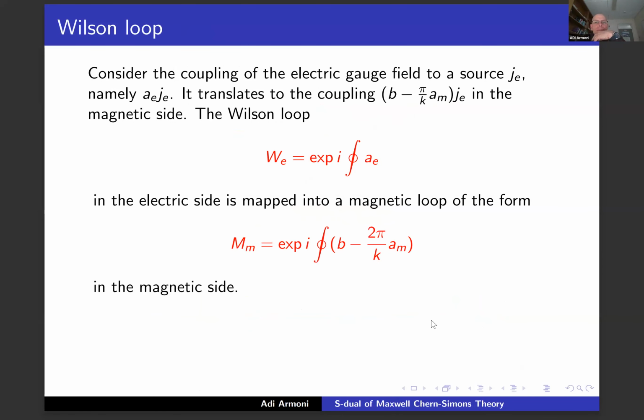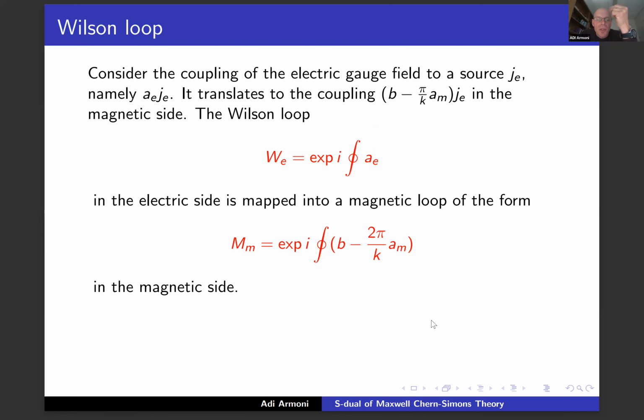What else I'd like to mention is how they map under S-duality. What is the Wilson loop? The Wilson loop in the electric theory is the exponent of the integral of AE, and that's the fundamental string. We expect it, let's say in string theory, an F1 to be mapped to a D1.